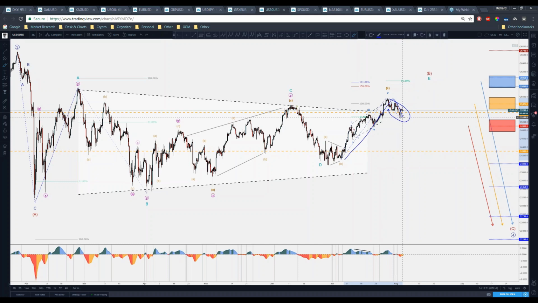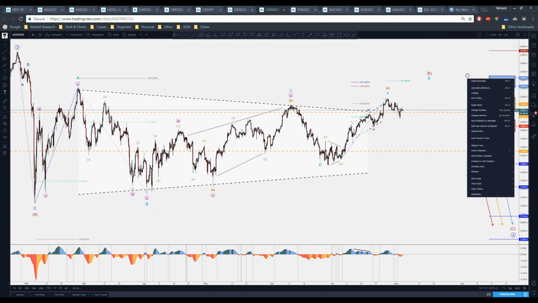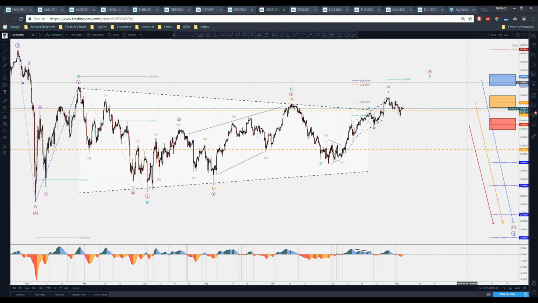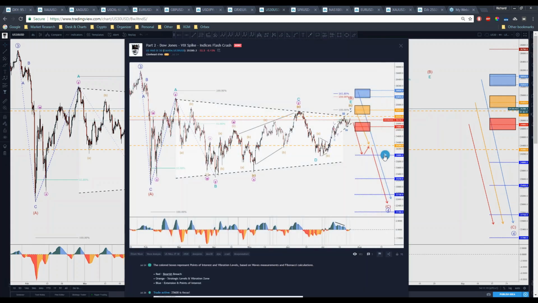So you see I'm measuring it already. Now obviously the vibration zone and the points of interest would be this blue box. If one would be conservative, if one would be aggressive, then of course that would be right there.